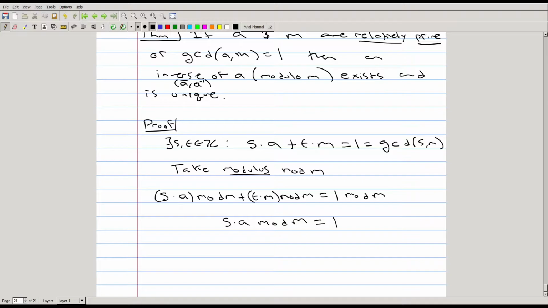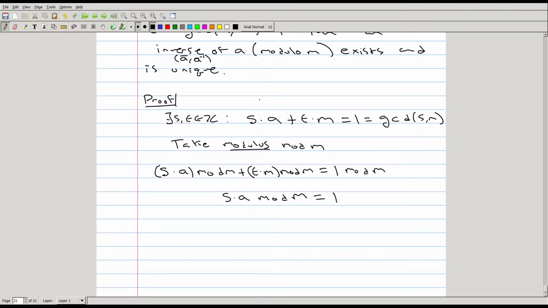And what that means then is that s, or the Bezout coefficient of a, is directly the inverse of a. Oops, and this should be a here. I apologize for the typo. So this means that the Bezout coefficient of a, s, is the inverse of a modulo m.